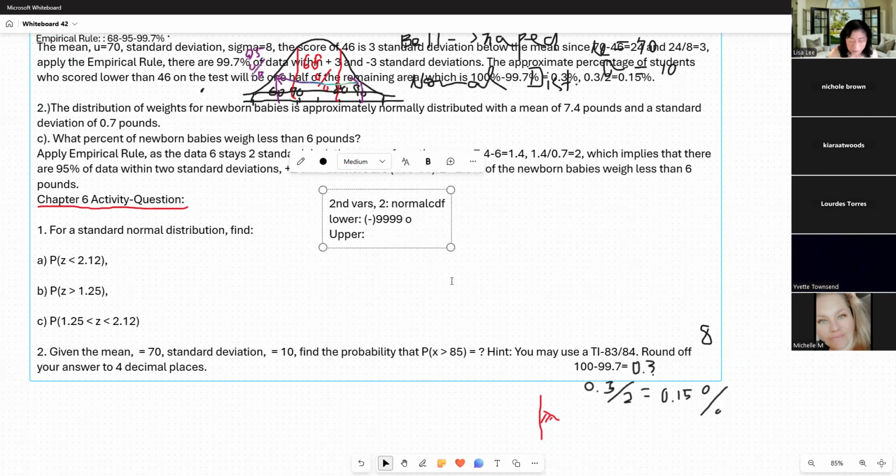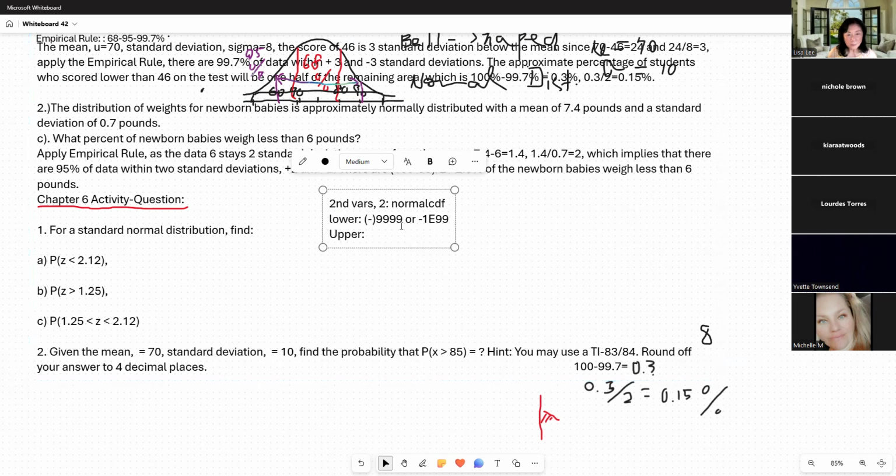Or some calculator will give you automatically minus sign, -1, and then put the E go to the 99 power, okay? So if your calculator already pops out the -1 E99, just take it, okay? And if your calculator didn't pop out anything, you can type in negative sign inside parenthesis and with 9 for the 9.